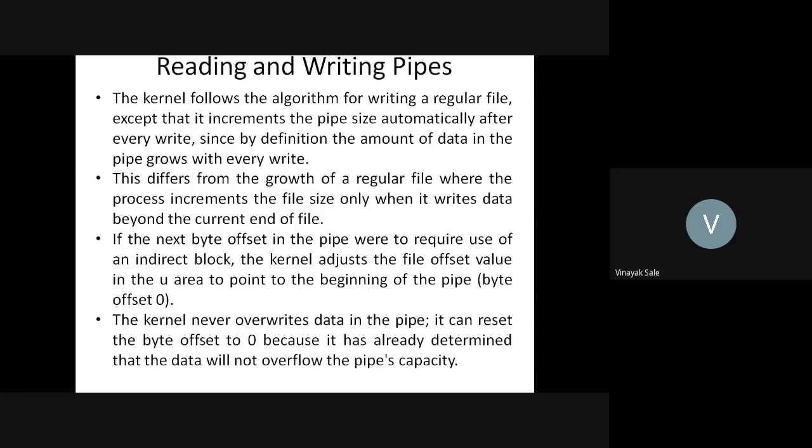The kernel never overwrites data in the pipe. It can reset the byte offset to 0 because it has determined that the data will not overflow the pipe's capacity.